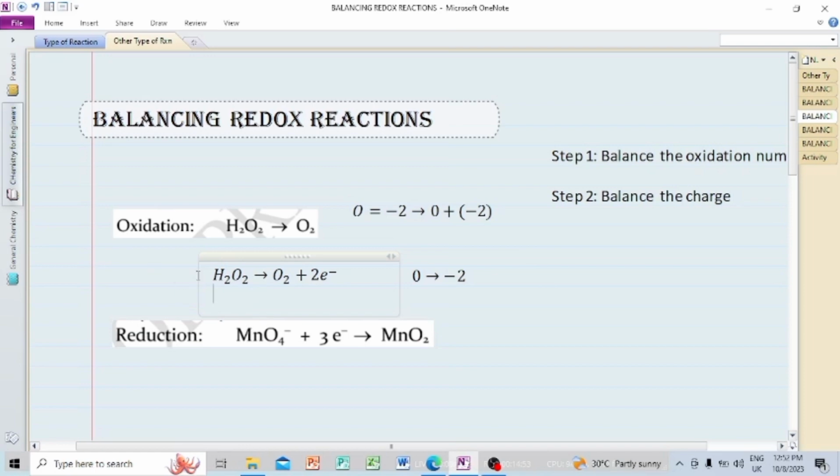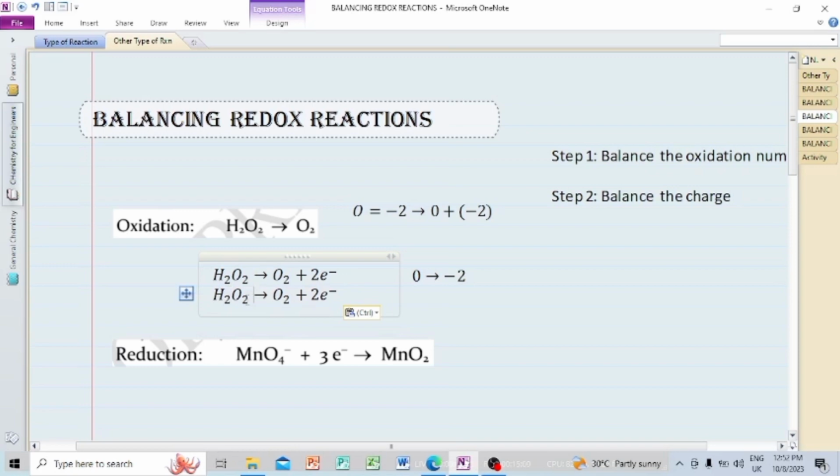So, ang mangyayari ay mag-add tayo dito ng plus, since we have negative 2 here, dapat meron din tayo ng negative 2 na charge dito sa kabila. So, this will be 2 OH negative. Yan. So, pareho na, balance na yung charge natin. So, from negative 2 is equal na sila sa negative 2.